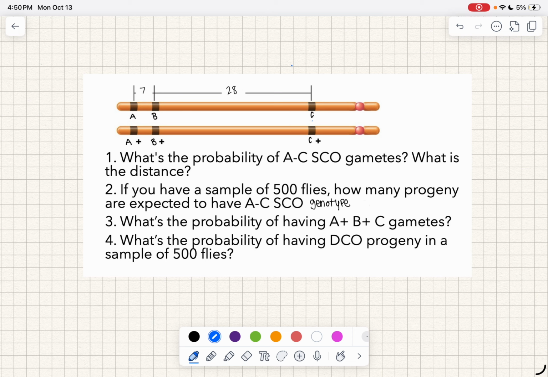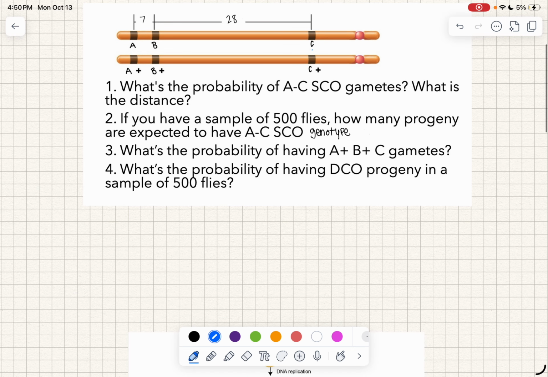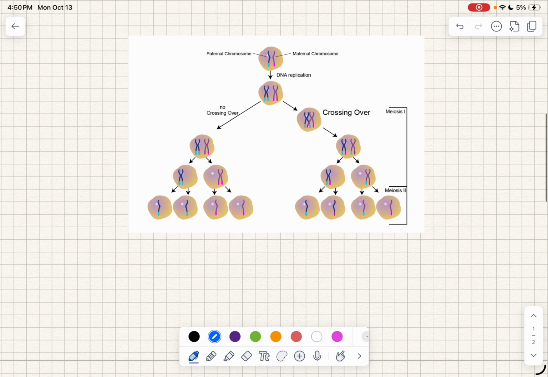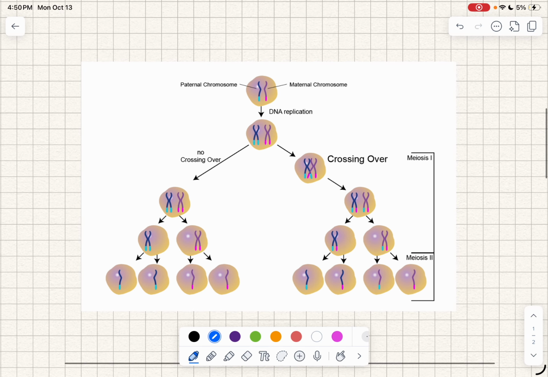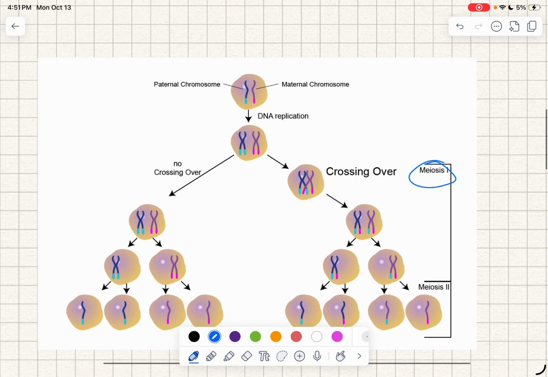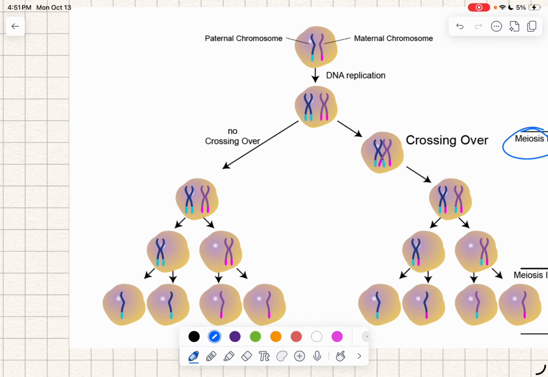So, this question has to do with crossing over, specifically single crossing over and double crossing over. Crossing over, as we know, occurs during meiosis. So I have this diagram here. It specifically occurs during meiosis 1, during prophase. I want to compare what will happen if no crossing over occurs versus if crossing over occurs.